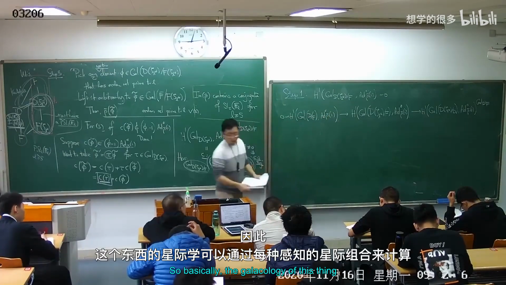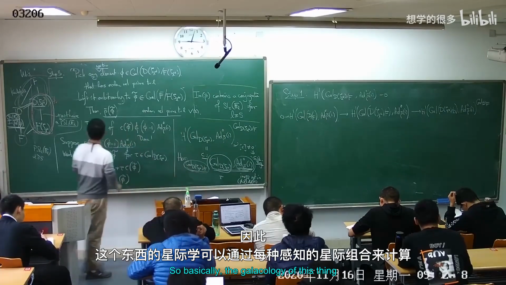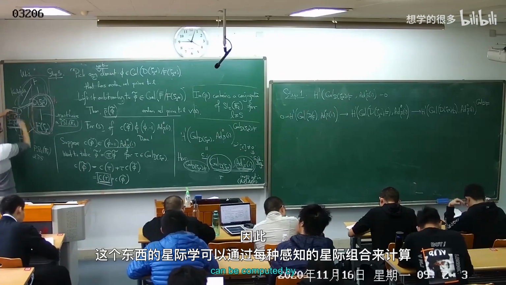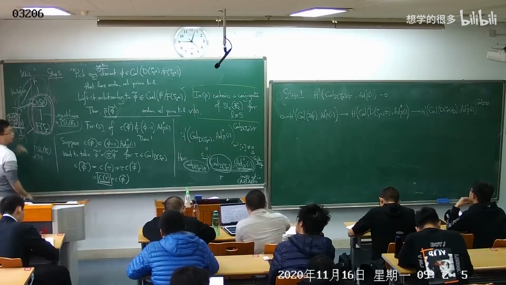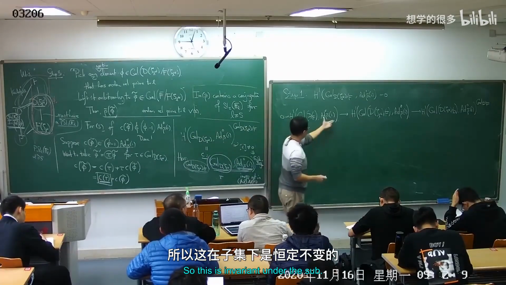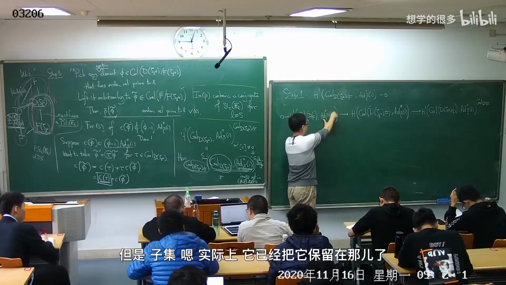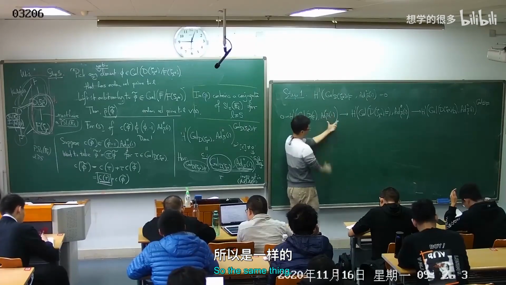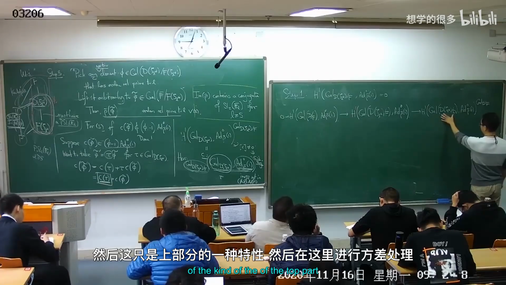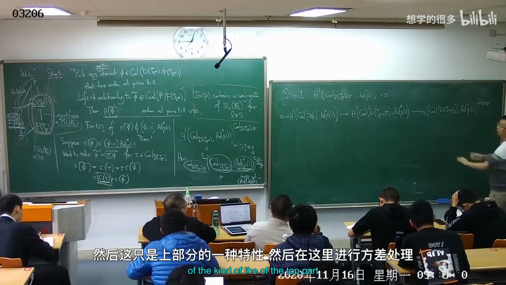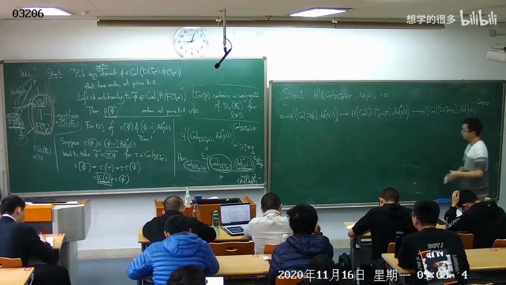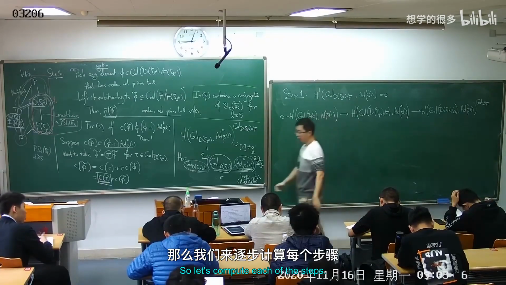Okay. So basically, the Galois cohomology of this thing can be computed by the Galois cohomology of each step. So this is invariant under the sub, but the sub already keeps it invariant, so the same thing. And then this is sort of the Galois cohomology of the top part, and then taking invariants under here. So let's compute each of the steps.